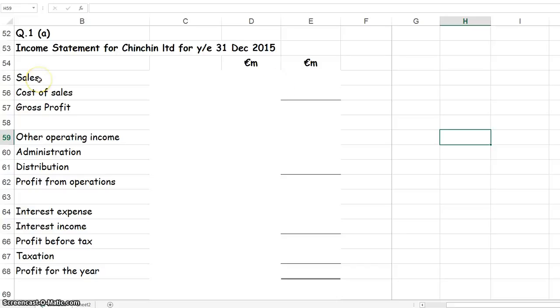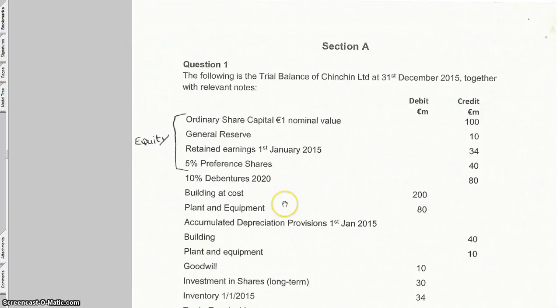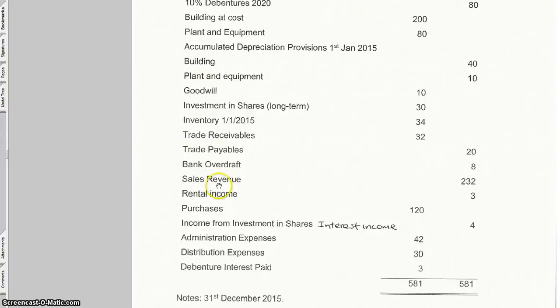Sales, for example, is a very simple item. We come to our question 1 and look for sales revenue, and here it is, 232. If there were any sales returns, we would reduce the sales revenue by them, but there are none in this question.